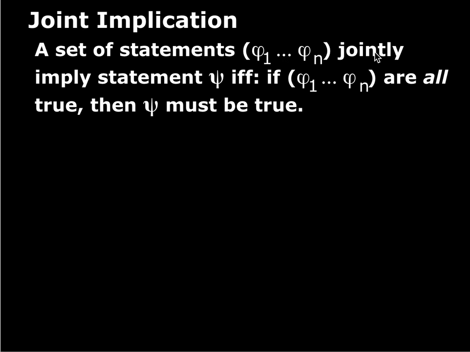Do those statements jointly imply psi? And psi is just one statement. So the question is always going to be asked in that way. Does a certain set of statements, which could have just one member, or could be 5, however big it is, jointly imply this one single statement?